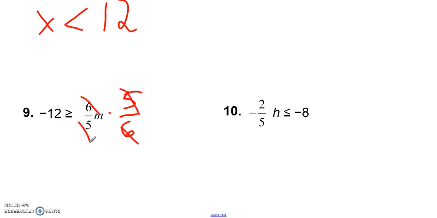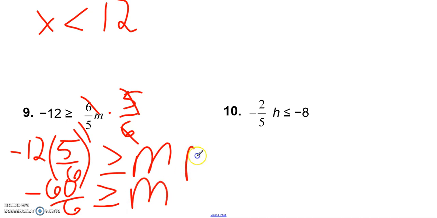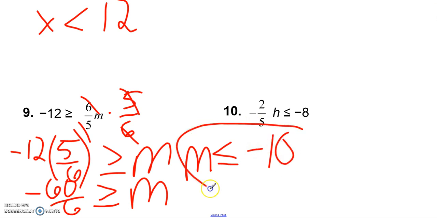So it's still going to be 12 times 5 over 6 is greater than or equal to m. So then that is negative 60 over 6 is greater than or equal to m. So m is less than or equal to negative 10. Sorry about that. This is right. I hope you caught me along the way.